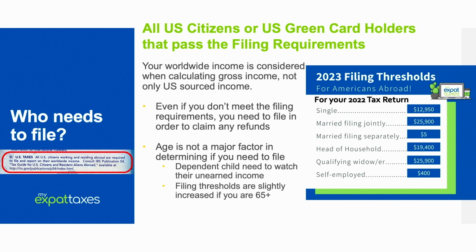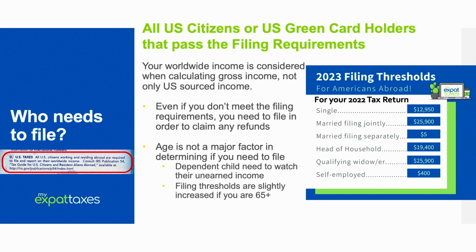So a lot of people that didn't make any income, even students, filed tax returns in order to get the refunds. You can't get a refund without filing a tax return. So that might be something to consider. In terms of the additional child tax credit, you might not make enough to legally have to file, but you could still get a refund. So again, even if you see this and you say, oh, I'm off the hook, I don't have to file, you might want to consider it if you're eligible for a refund.